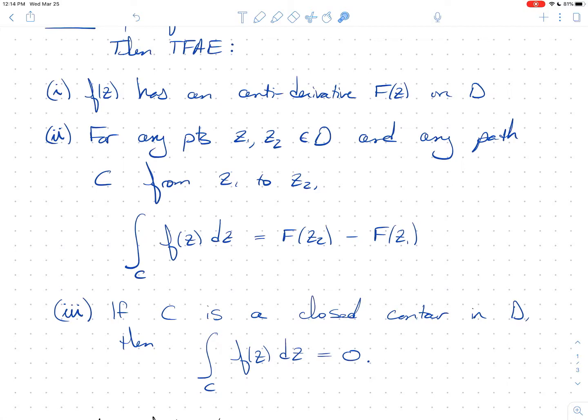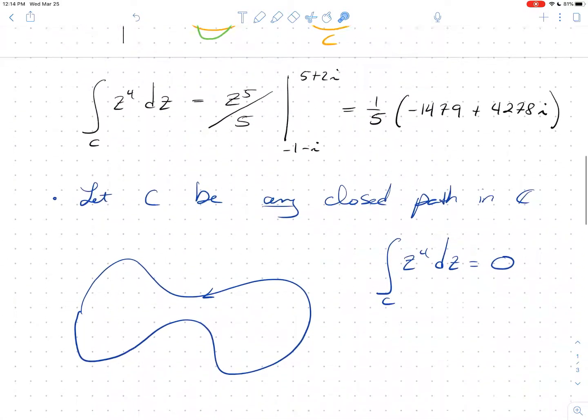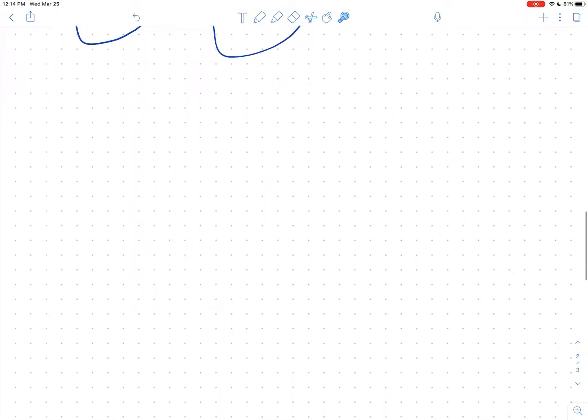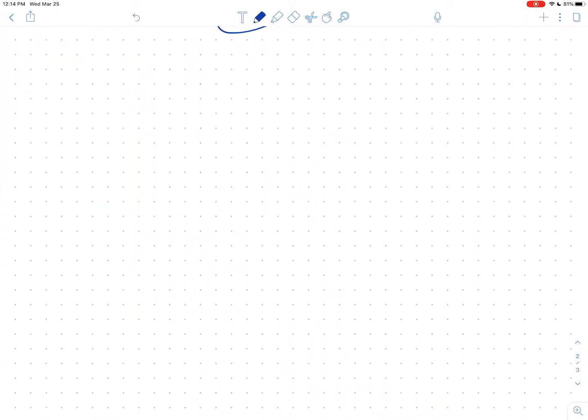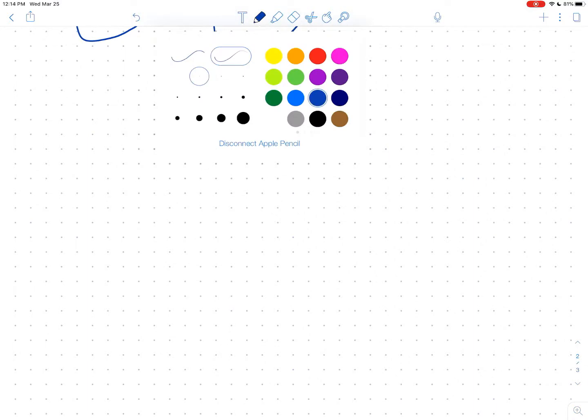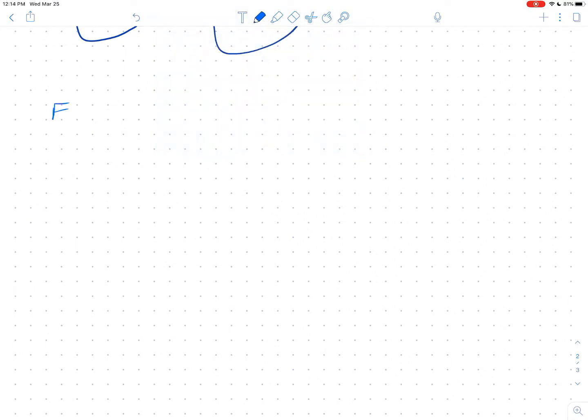Let's do another problem just to play with this theorem and get at what this theorem is really saying. So next example, let me see here. Consider f of z equals 1 over z to the 4th.